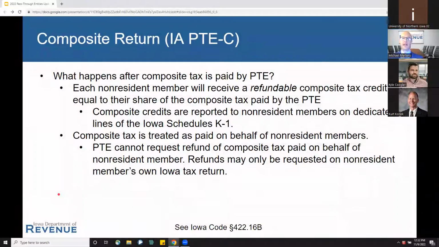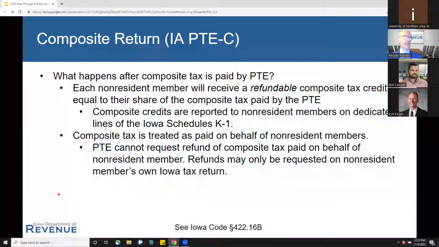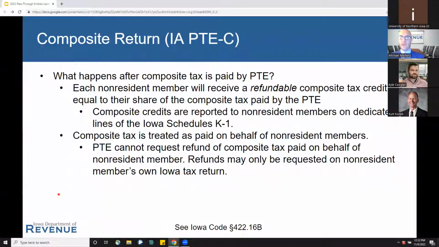So what happens after composite tax is paid by the pass-through entity? Once that happens, each non-resident member will receive a refundable composite tax credit equal to their share of the composite tax paid by the pass-through entity. These composite credits are reported to the non-resident members on dedicated lines of the Iowa Schedules K1.